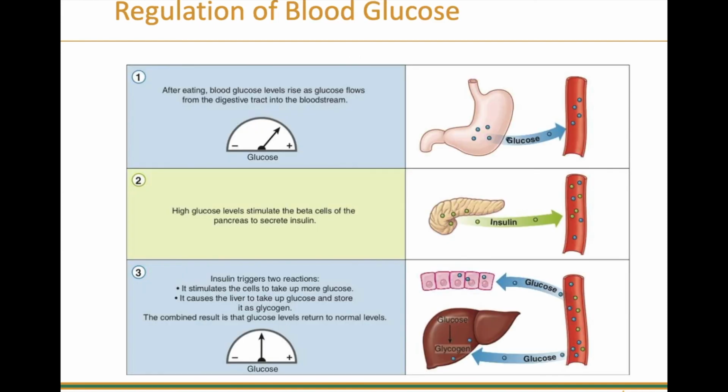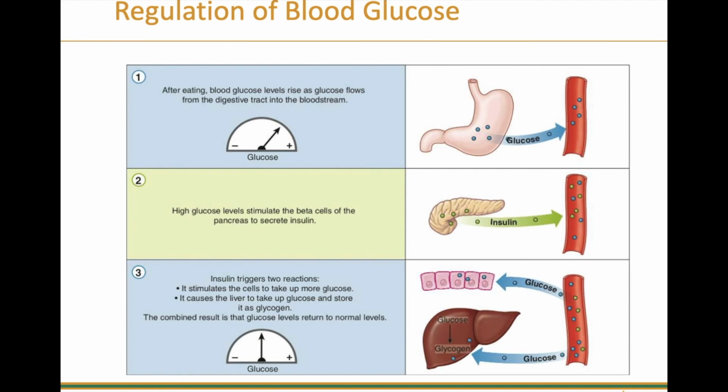Then beta cells. So this figure shows what happens after eating. Blood glucose goes from the digestive tract into the bloodstream. The high glucose levels in the blood are going to stimulate the beta cells of the pancreas to secrete insulin.